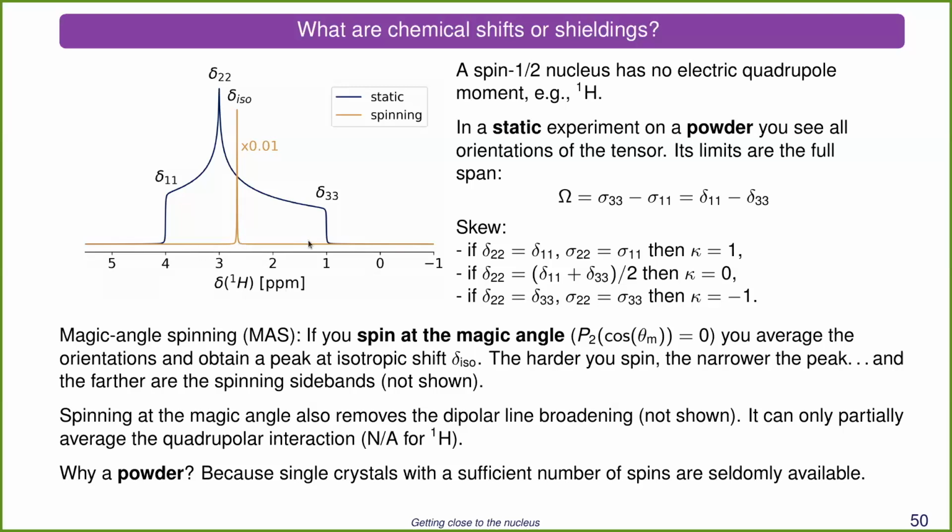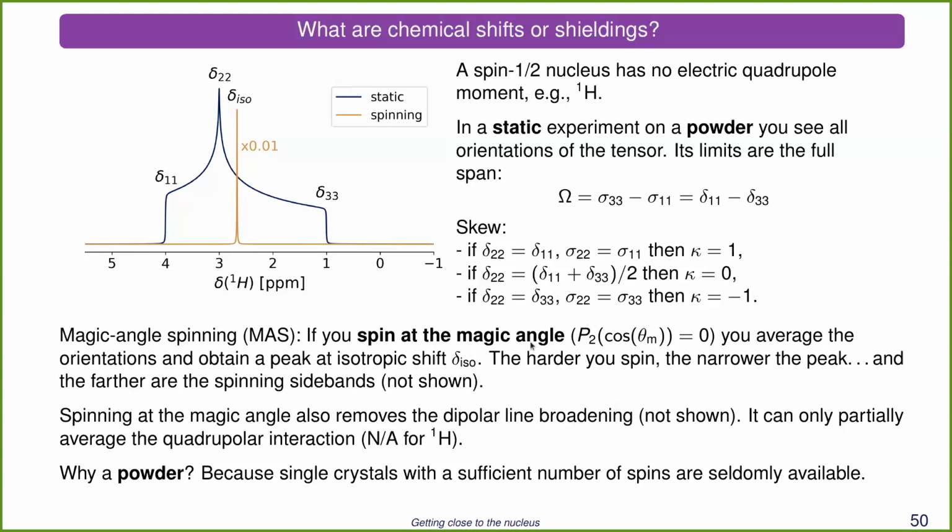This is a simulation. But if all orientations of your tensor are present, you see the maximum, and you see the minimum. You see, of course, also all the other stuff in between, in the whole range. So you see the span over here, but you see also all other tensor orientations.